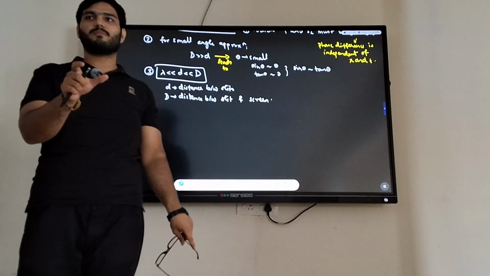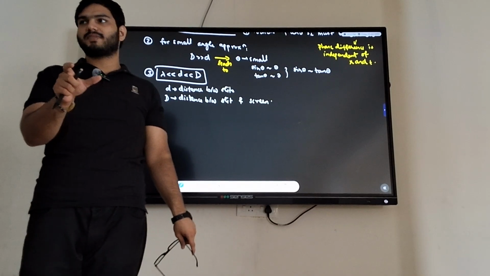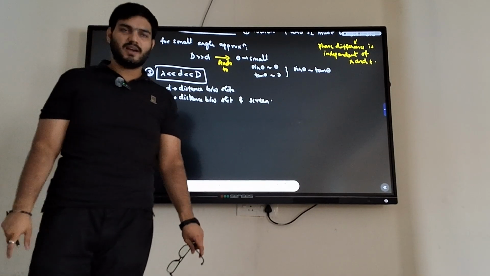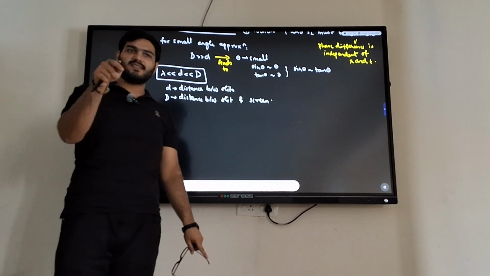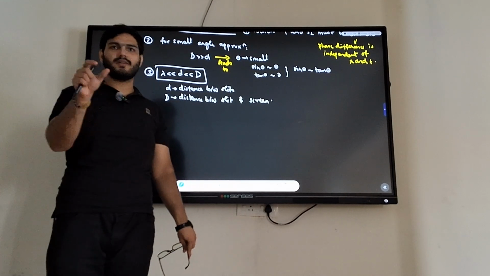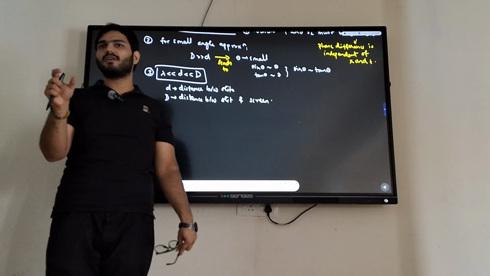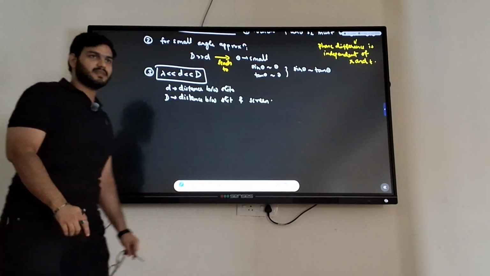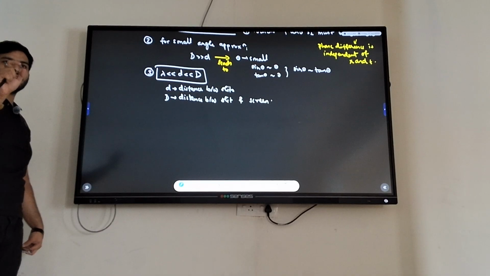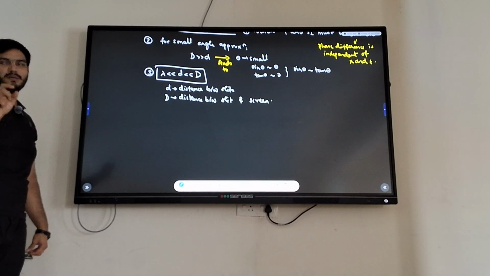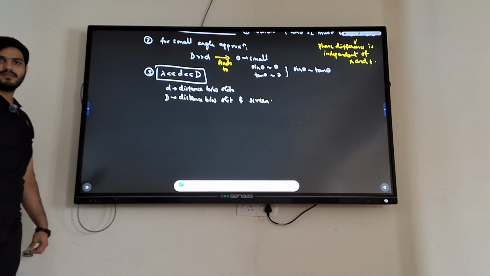Such a point will be called a bright fringe. And for those points where destructive interference occurs, the intensity is less. A dim point is called a dark fringe. Is it okay with you? So points of maxima intensity, bright fringe. Points of minima intensity, dark fringe.